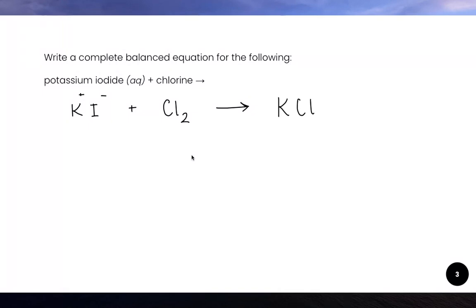Again, we have a +1 charge and a -1 charge, so dropping and crossing gives us another 1-to-1 ratio. And we have another Hankel-Briff. There you go. So that's how you predict the products. And now we need to balance the equation.